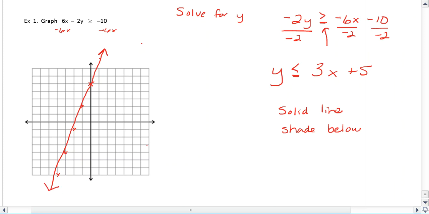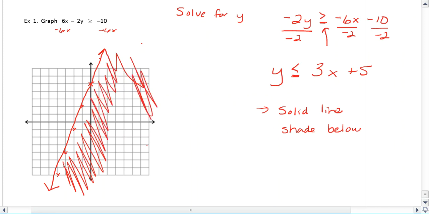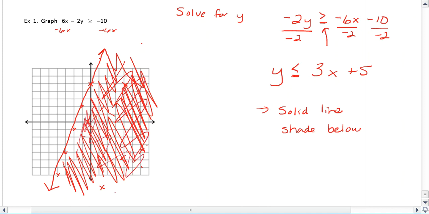Not fabulous, but... And so I used a solid line because the line is part of the solution, and now shading below it means all this part is where the answers lie. That means this is an answer, here's an answer, here's an answer. Anything that lies in this shaded area, there's countless answers. So either shade above or below the line.